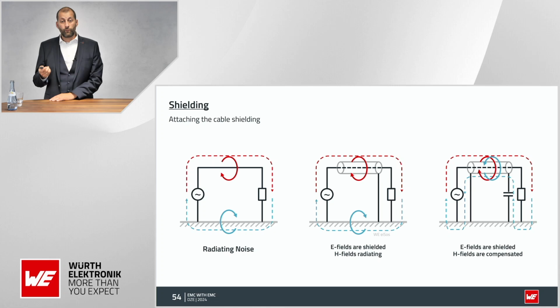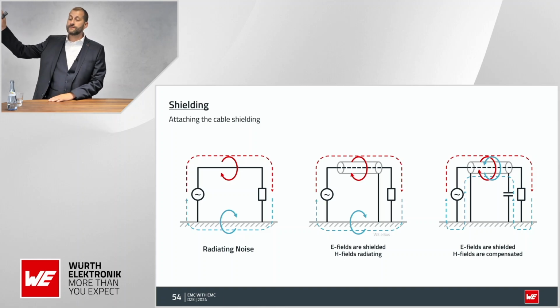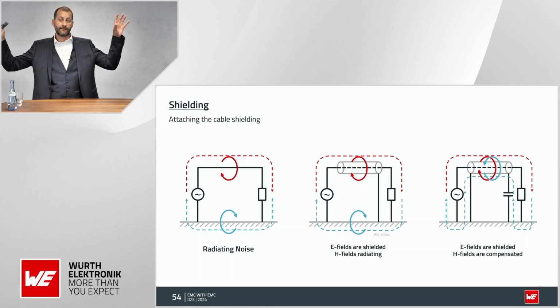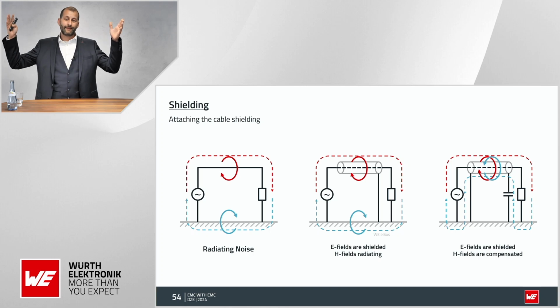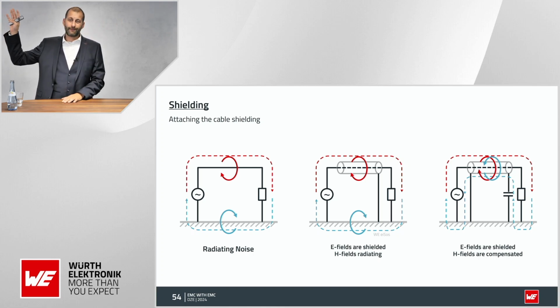Because shielding is, of course, only going to shield something. It will not have filter properties. So if you have noise on one side, it probably will travel to the other side. But then again, it's not the fault of the shielding, rather you have to look at the source of the noise.